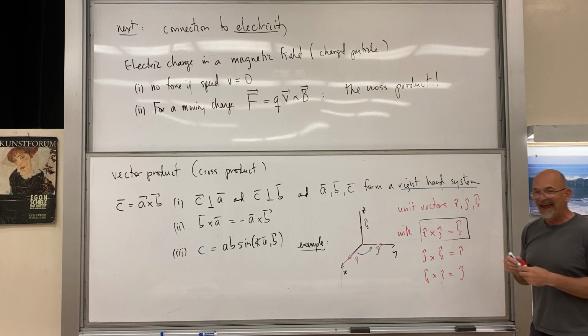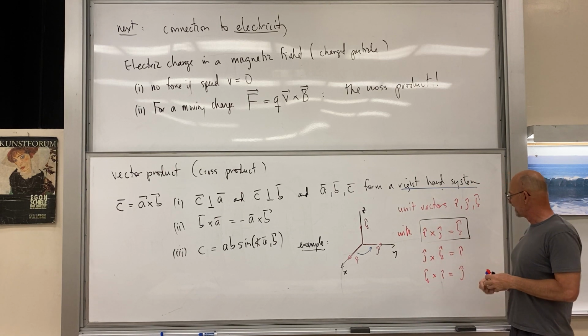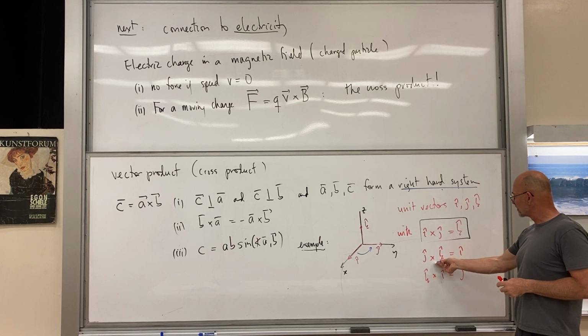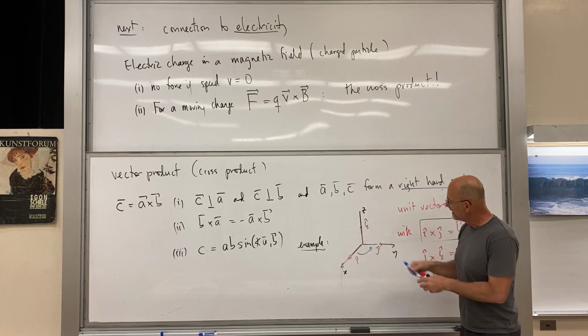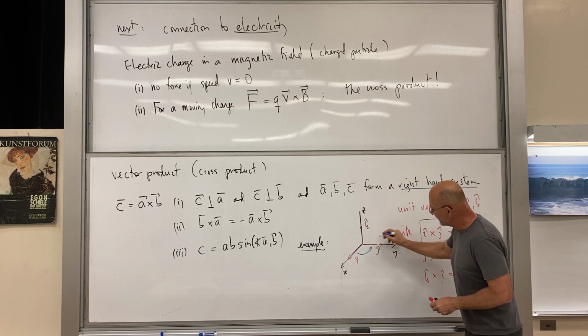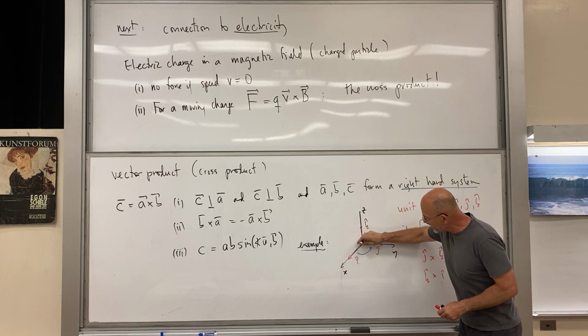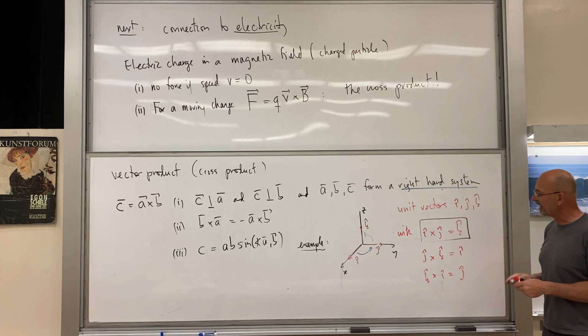And if you've used hand tools, then this should be clear to you. And then you can see my next one, J hat cross K hat. I'm turning J hat into K hat, and I'm turning counterclockwise like that, and therefore it's coming out of the board at I hat. And the third one works the same.